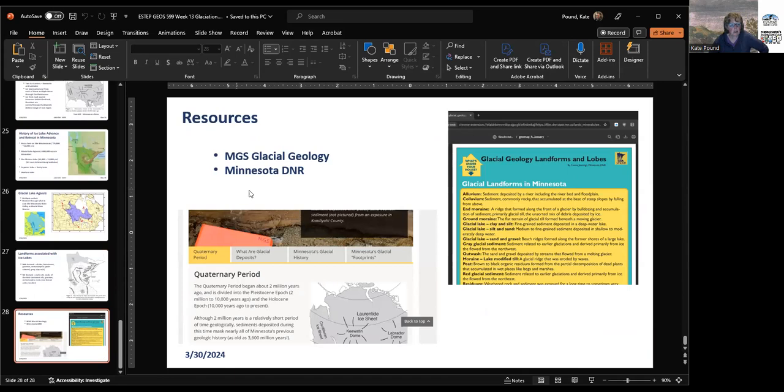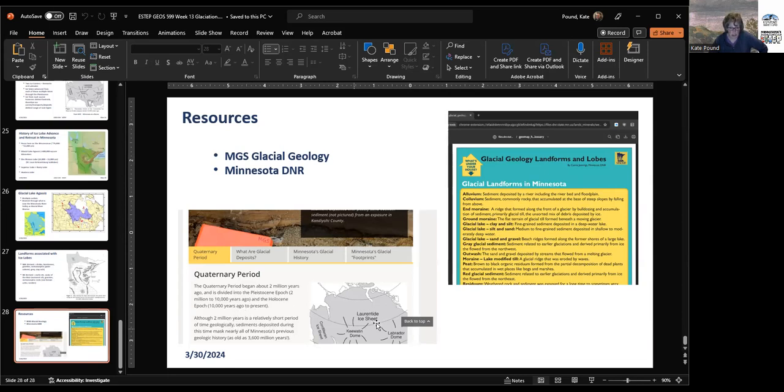And in the D2L, I've put a whole bunch of links. There's a primer on glacial geology landforms and ice lobes put together by Minnesota DNR. And there's also a really good section on the Minnesota Geological Survey webpage about glacial geology.